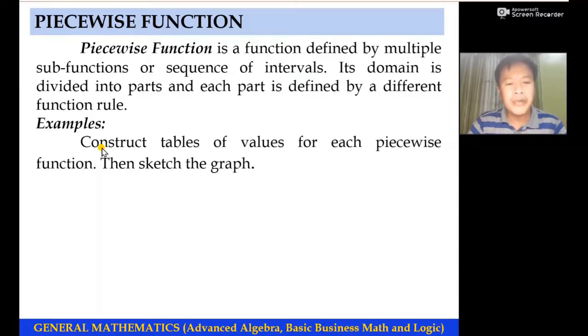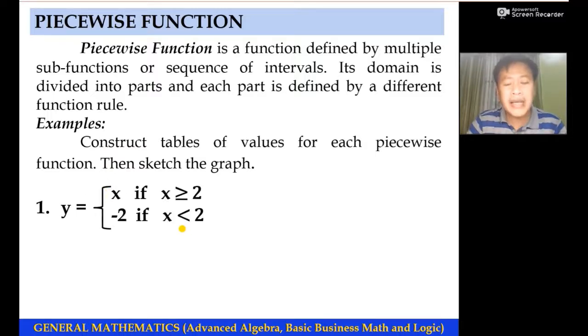We have the examples. Construct table of values for each piecewise function, then sketch the graph. Number 1, y is equal to x if x is greater than or equal to 2. And second one, y is equal to negative 2 if x is less than 2.